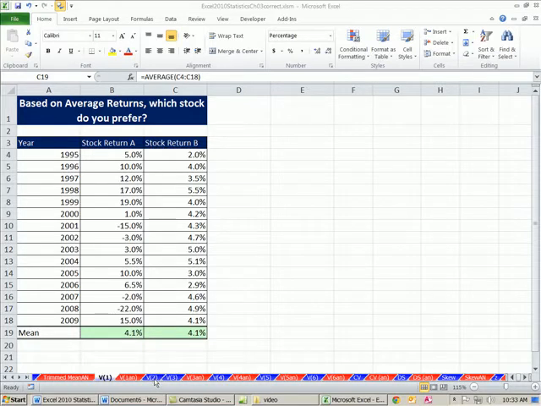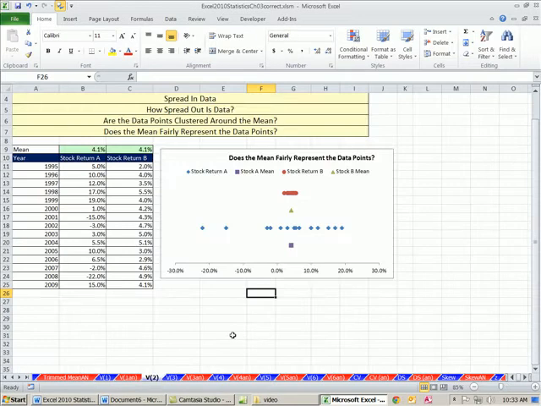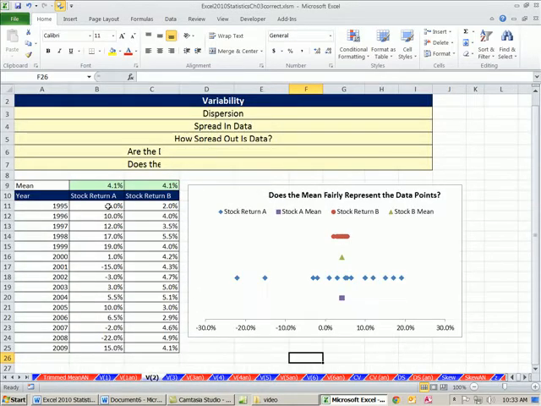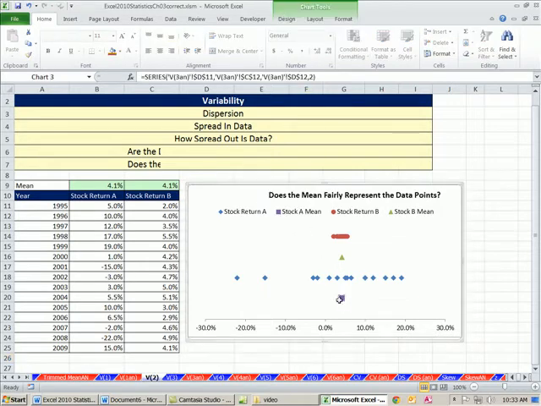I'm going to click on V2. Here are our two stocks, all the data points, A, B, 4.1, 4.1. Now let's look at this picture. Stock A: here's plotted the individual return. Here you can see we have like a minus 23%, up here it's like a positive 20, and right here is the mean. Stock A mean is right there, that's 4.1.